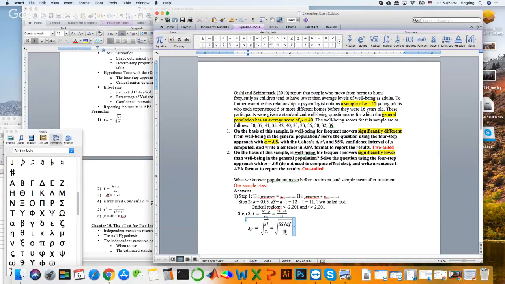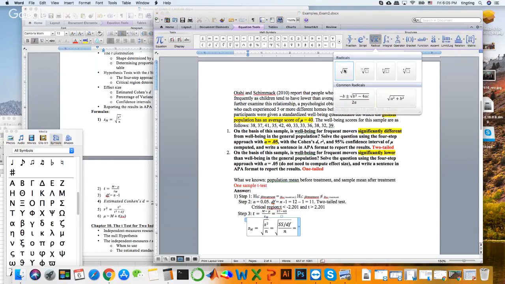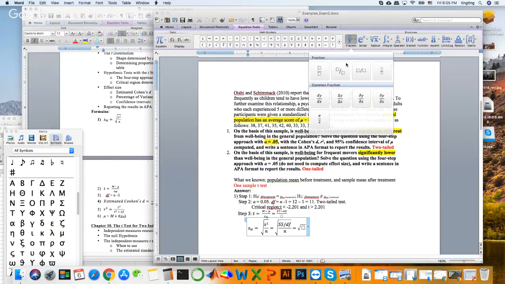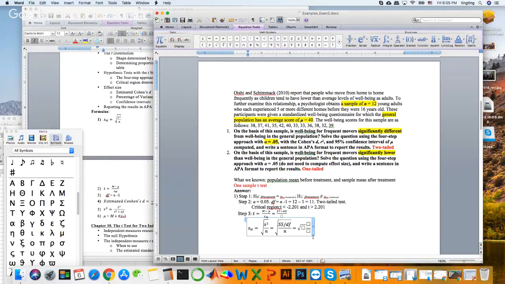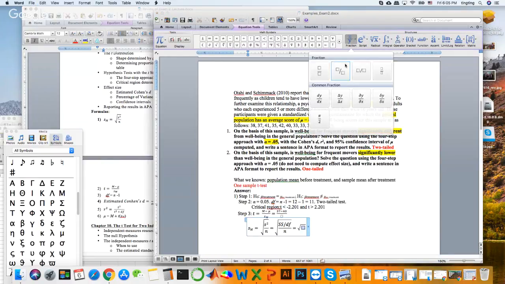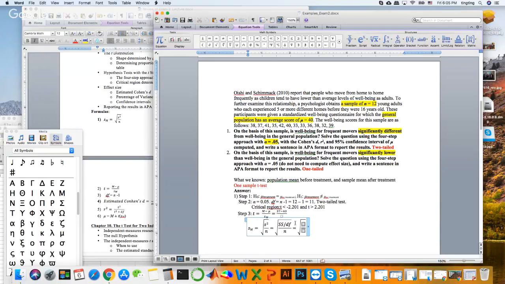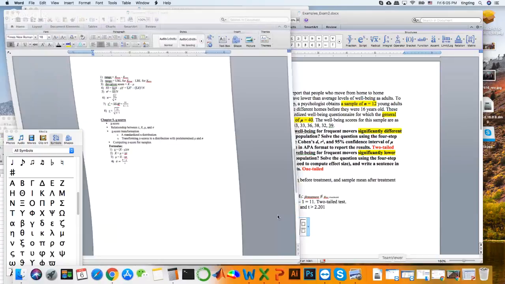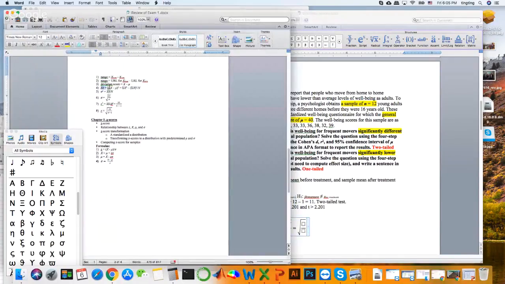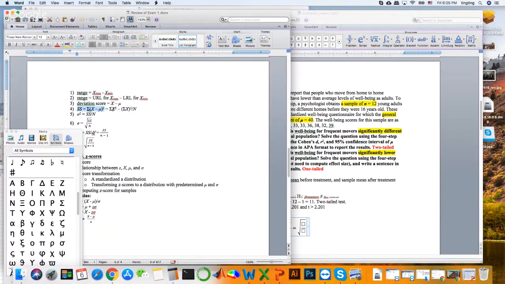So that means we need to compute the SS. How to compute the SS? If we go back to the previous chapter, we have this formula. This is the computational formula, and both the definition formula and the computational formula for the SS.